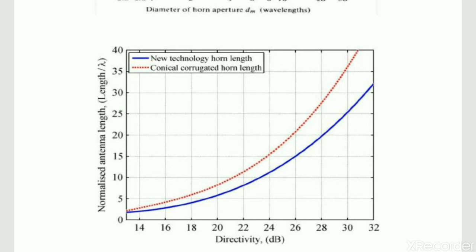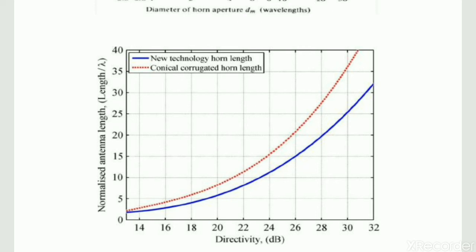Here also, as the antenna length increases from 0 to 40, the directivity is also increasing. At the initial point, for up to 2 to 3 wavelengths of normalized antenna length, the directivity is almost 0. Then it increases up to 32 for a normalized antenna length of 30. So this gives the relation between directivity and antenna length: as the antenna length increases, the directivity of the conical horn antenna increases.